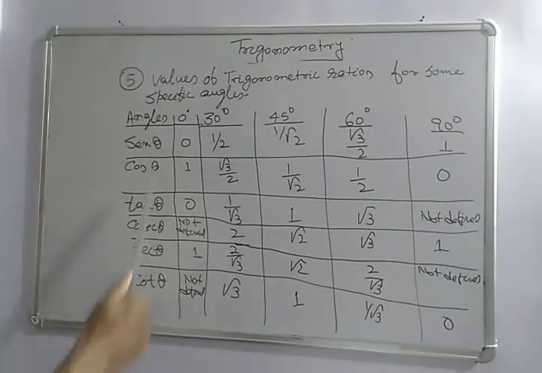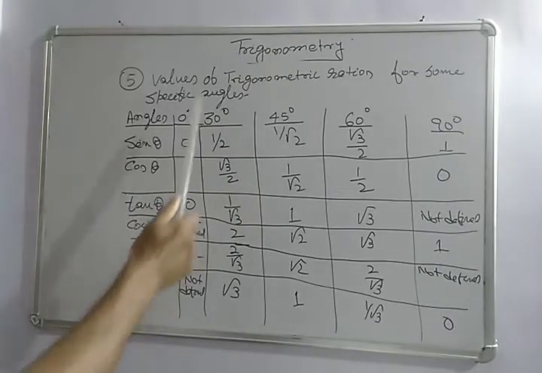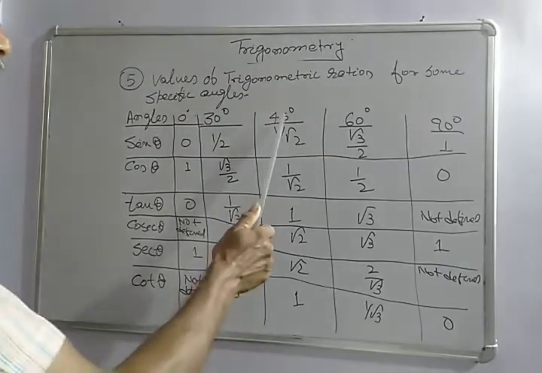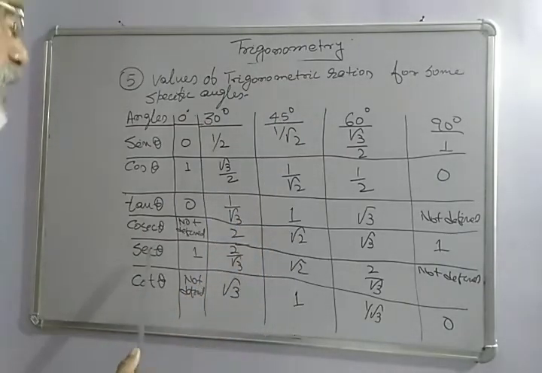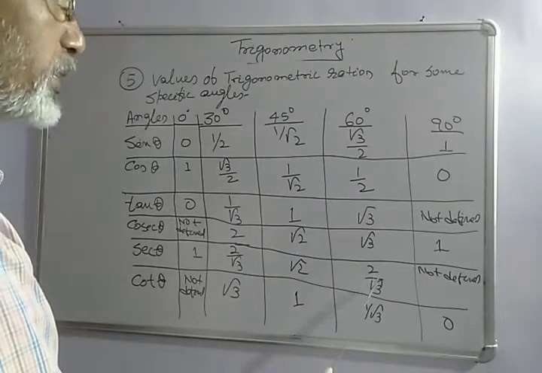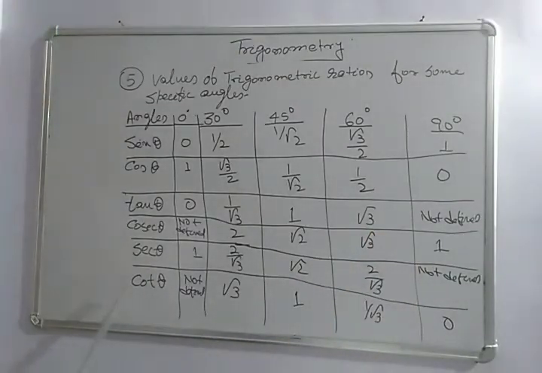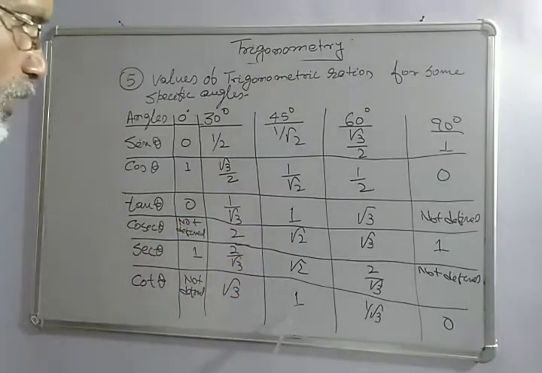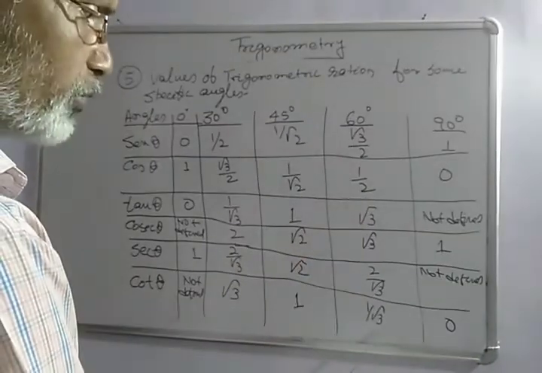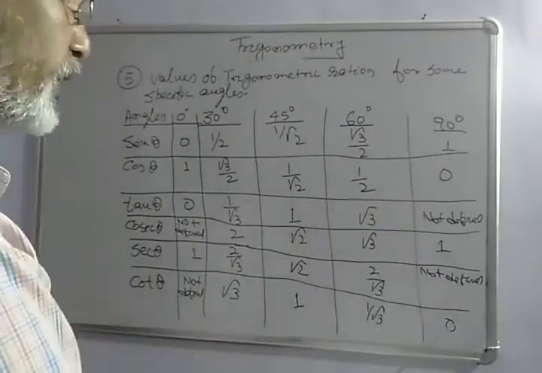Similarly, sec 0 is 1, sec 30 is 2 by root 3, sec 45 is root 2, sec 60 is 2, sec 90 is not defined. Similarly, cot 0 is not defined, cot 30 is root 3, cot 45 is 1, cot 60 is 1 by root 3, then cot 90 is 0.